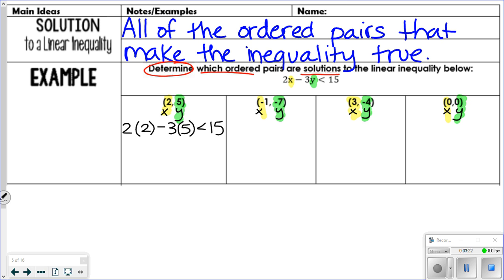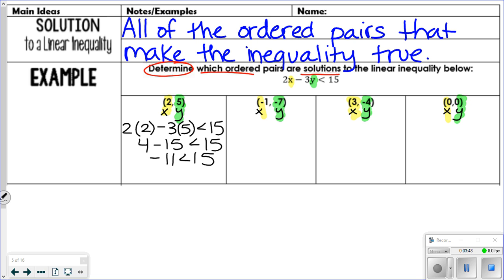Now we can use our calculator here, or we can break it down step by step. 2 times 2 is 4 minus 15. 4 minus 15 is negative 11. So this says negative 11 is less than 15.